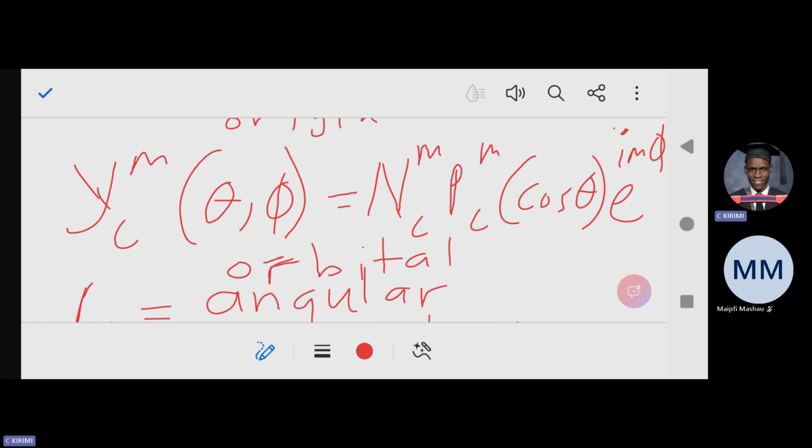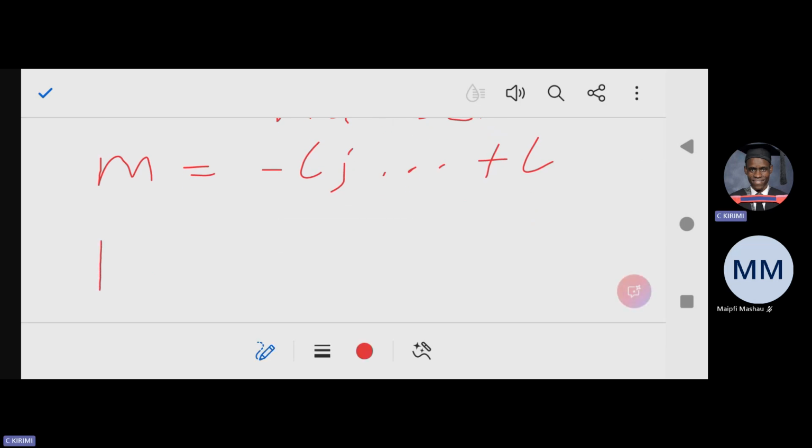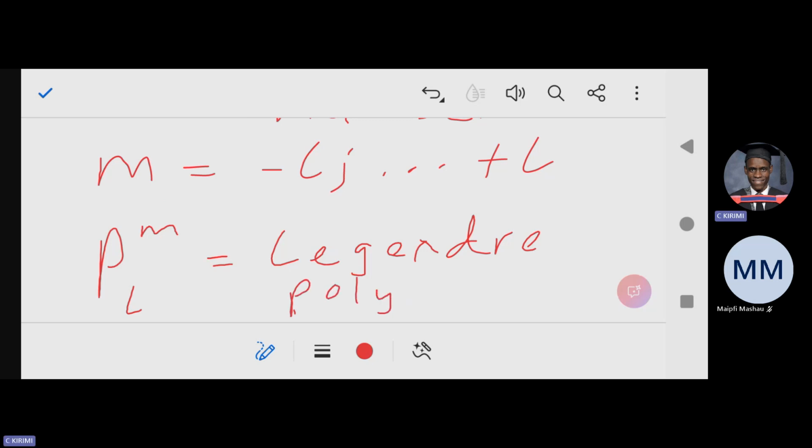So we indicate P, L, M, and we are having the magnetic quantum number M and the orbital angular momentum quantum number L. So the polynomial PL is what we are referring to as the Legendre polynomial.